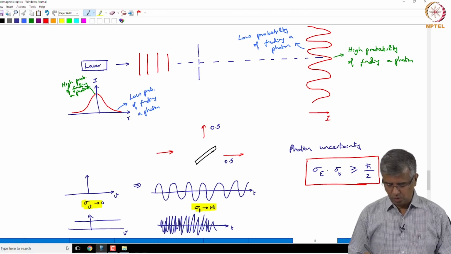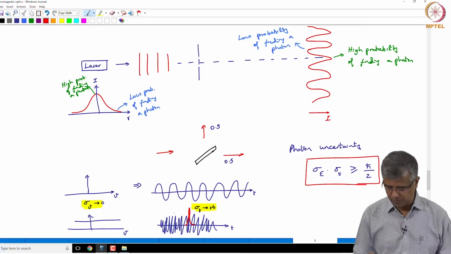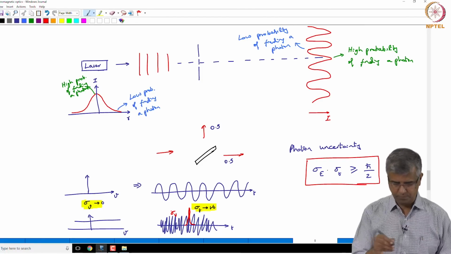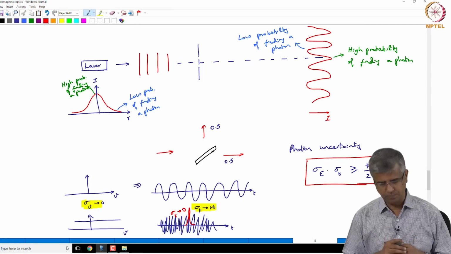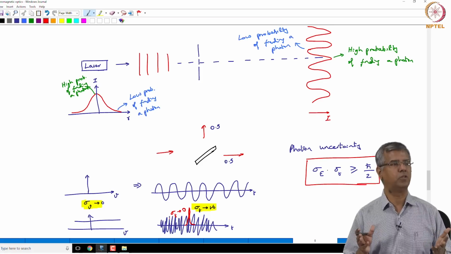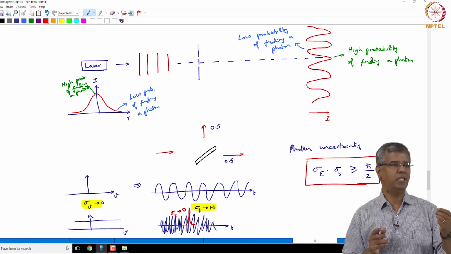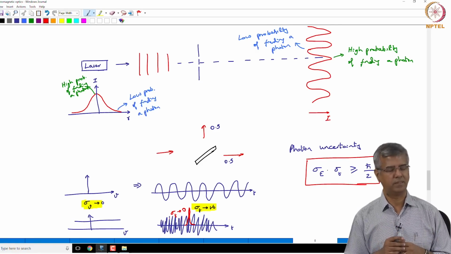So to clarify that, let's take a very short pulse, such that your uncertainty tends to 0. When would the uncertainty tend to 0? When you have an extremely short pulse within which all your photon energy is present.